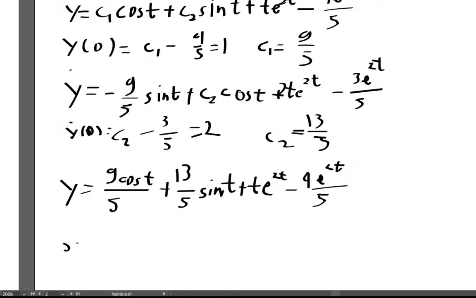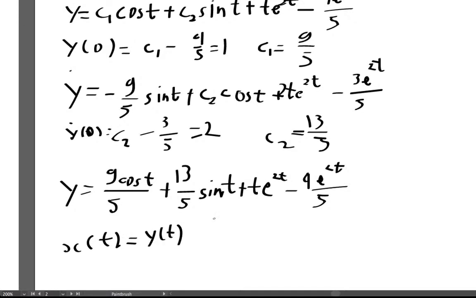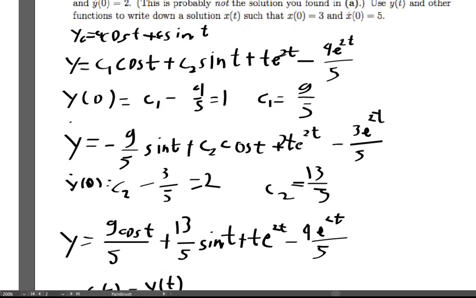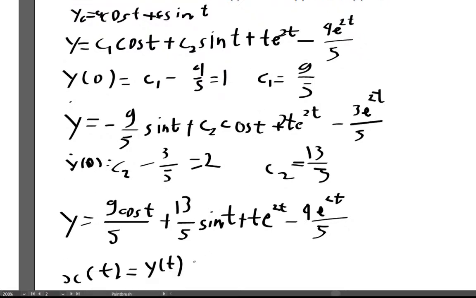I could confidently say that this would be y of t. And what happens to c1 here? Logically, c1 would be 19 over 5 because you just replace that with 3. Or you could state that it's added by 2 cosine t.